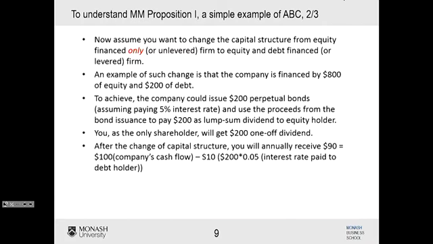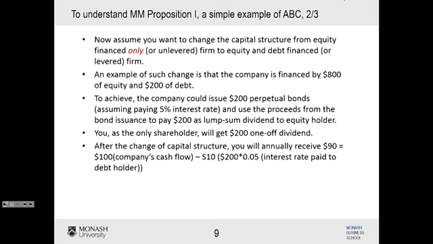However, from this $100, the company has to pay the debt holder, because the debt holder bought the $200 of perpetual bond. How much does it have to pay the debt holder? It is $200 times the interest rate each year. 5% interest rate, which is $10. The company has to pay the $10 to the debt holder. Therefore, you receive $90.